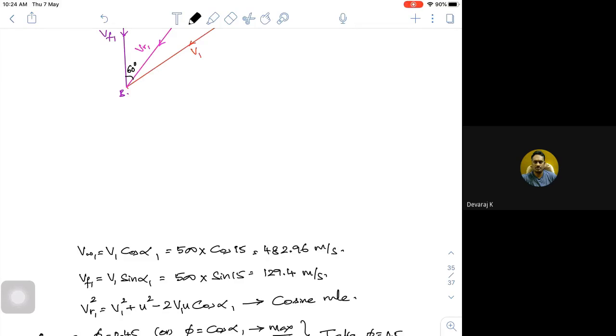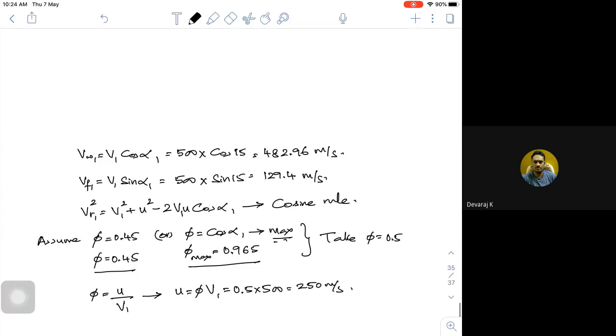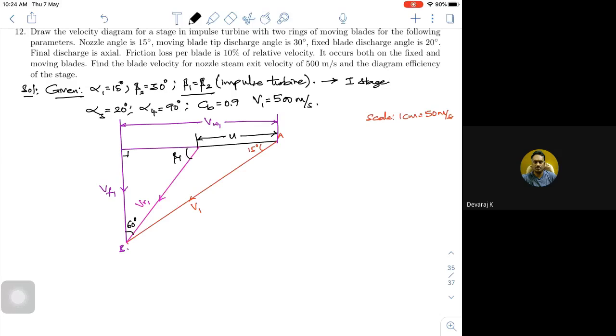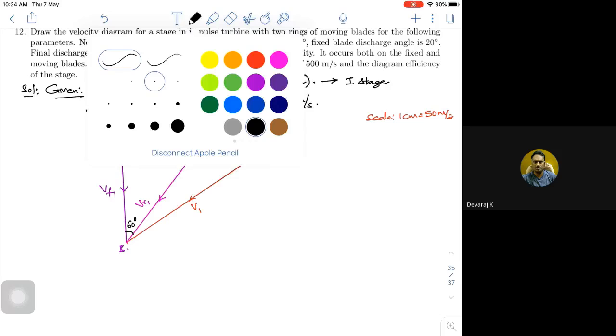That's my intention. So either I can go with the U assumption, or you can draw using this 60 degrees and still I can get it. So beta 1 will be in and around 30 degrees. This being an impulse machine, this should be 30. Now from this particular point, say I know the value of VR1.